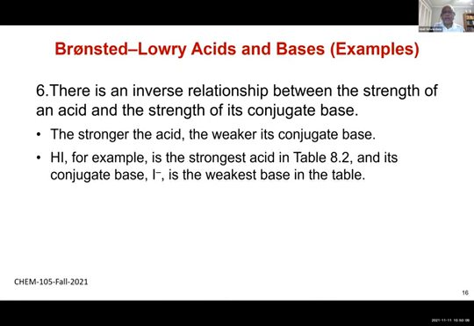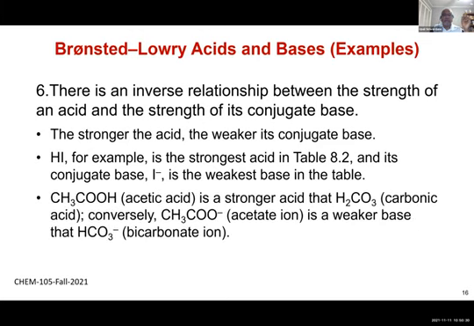For example, in table 8.2, iodide is a weak base. Hydrogen iodide is a strong acid, therefore its conjugate base iodide is weaker. That's the weakest among all conjugate bases.